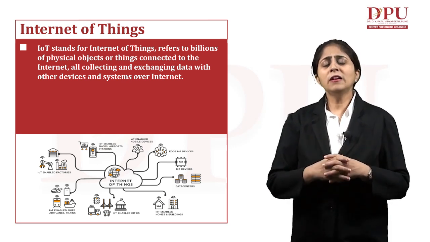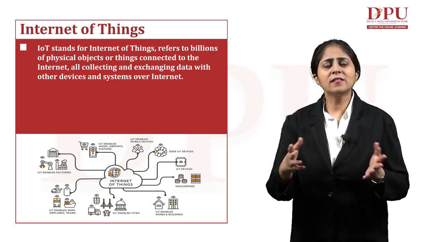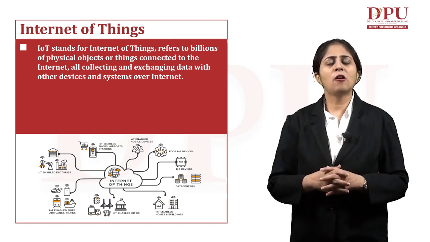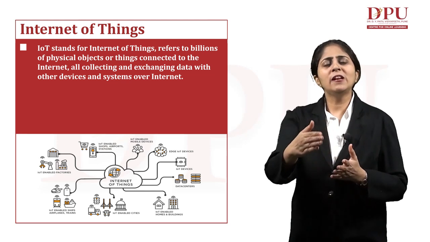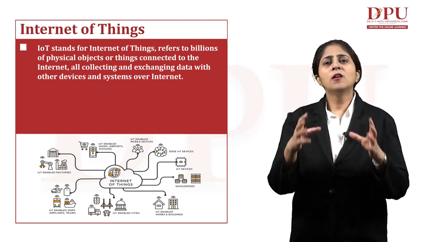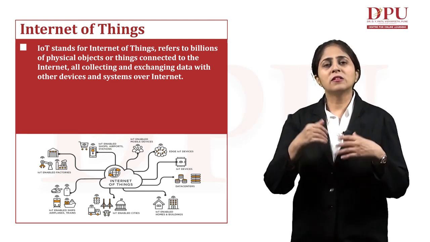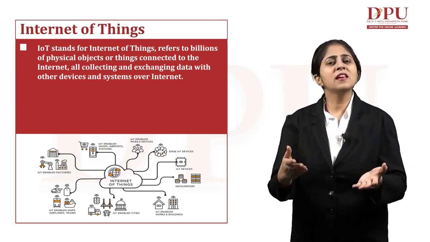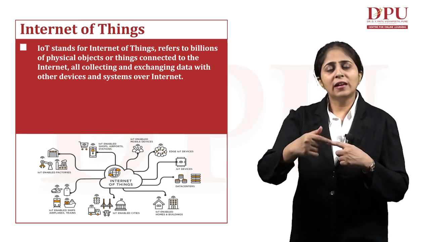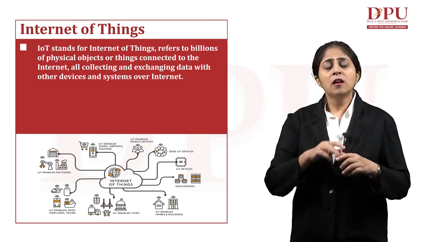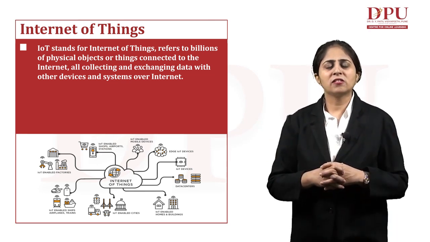So today, we are almost everywhere surrounded by this Internet of Things, connecting everyday things, embedded with electronics, with software and with sensors, to the internet, enabling them to collect and exchange data without human interaction.